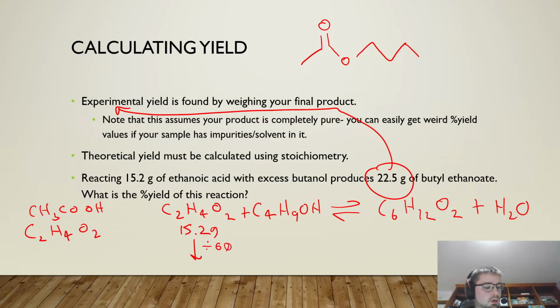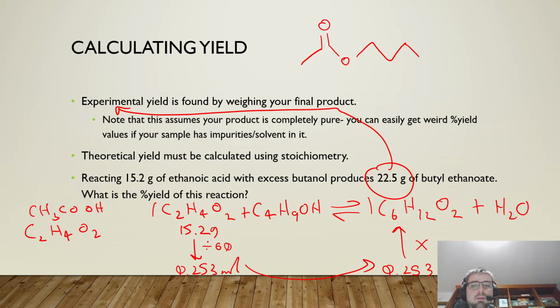So we've got 15.2 divided by 60. We've got 0.253 mole to start off with. Now we'd expect the ester and the carboxylic acid are both just 1 in the reaction. So we would expect 0.253 mole of the ester out the other side.